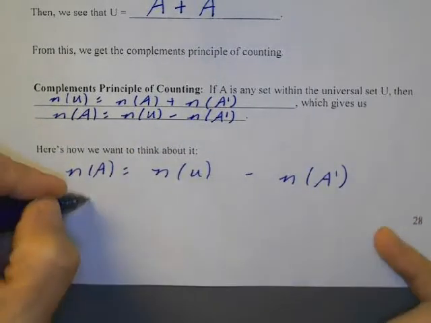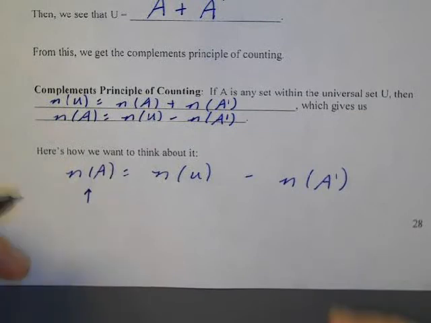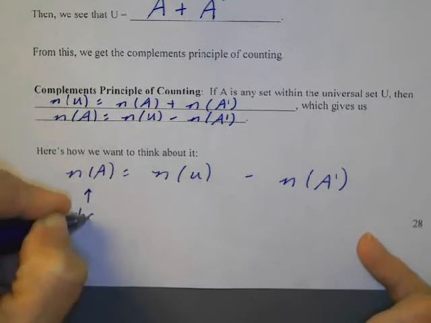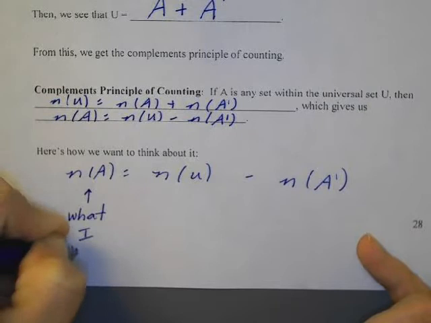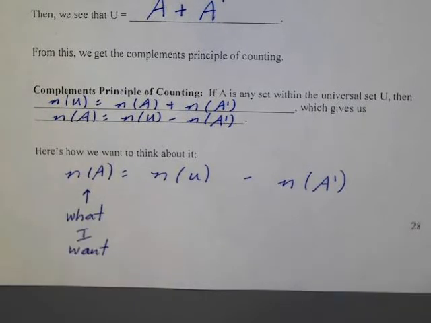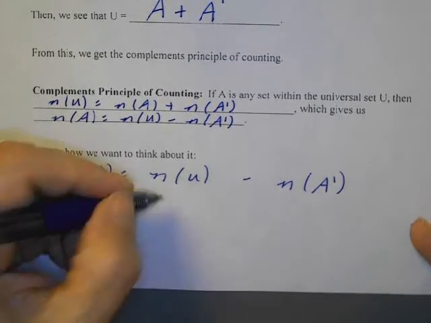Here's what you want to think. A is what I want. U is every possible way, no conditions.